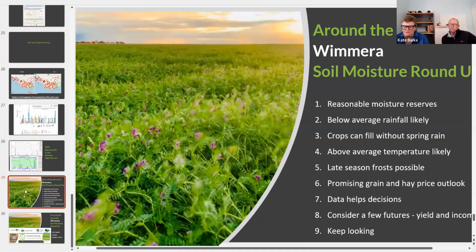Below average rainfall is likely, but crops can fill without spring rain. And I think that's really important to remember. We need to be cognizant of the above average temperature likelihood that El Nino brings with it, and that this type of weather combination can also have a possibility of late frosts.